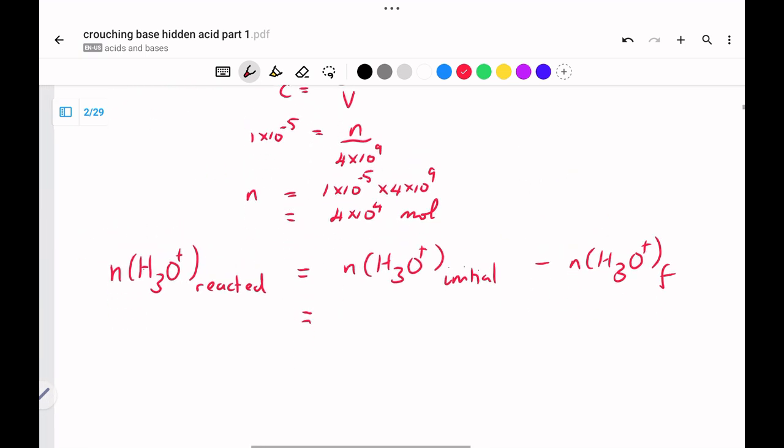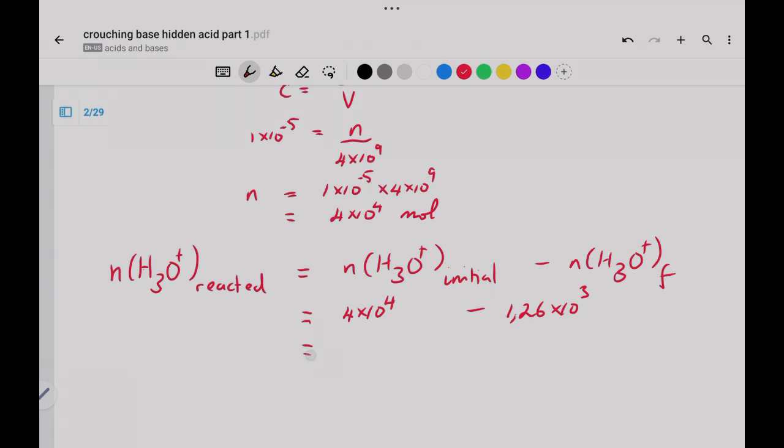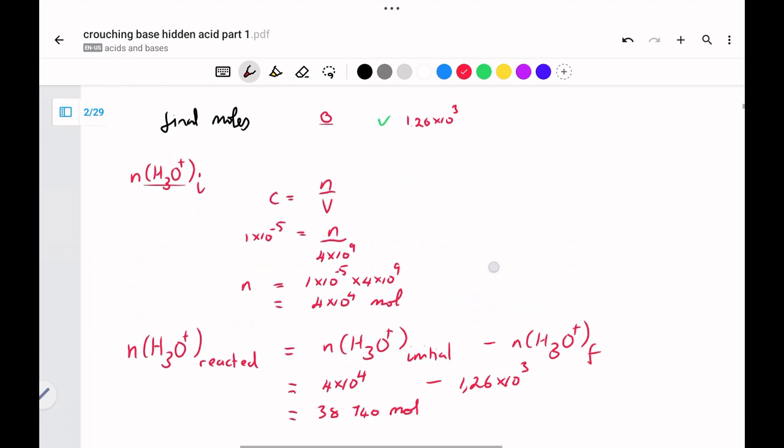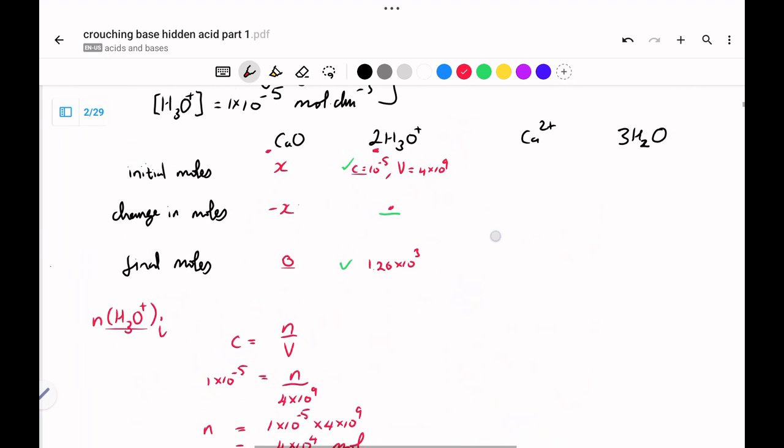The initial moles is this number. The moles at the end is this number. And that gives me, I can have a look at my calculator, it gives me 38,740 moles. So now I can put that in over here.